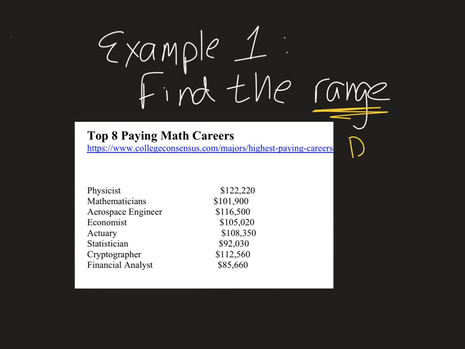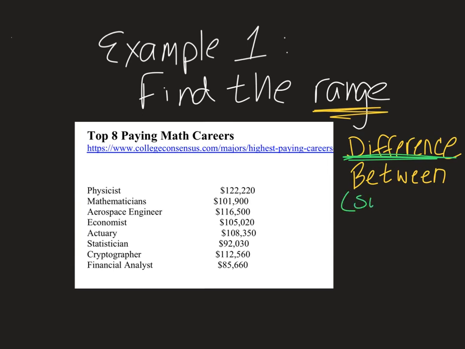And the range is the difference between, and a key word here, when you are talking about difference in math, you're talking about subtraction. That's when you're finding a difference. So you're finding the difference between your highest and your lowest value.